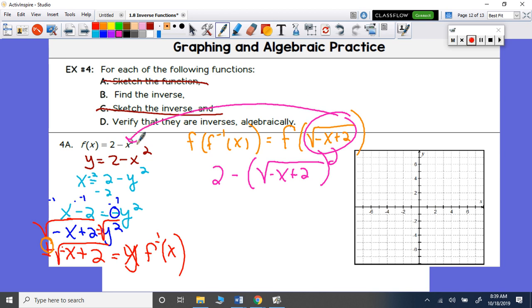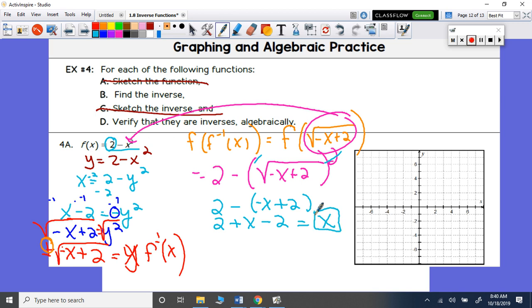What happens to my radical when I square it? Emma? Wait, what if you put 2 times something else? Right there. Good question. What happens when I square my radical? Does it stay or go away? Joey? Yep. And I'm just left with 2 minus a negative x plus 2. Because when I square it, it goes away. When I distribute, you end up collecting your terms and getting x.